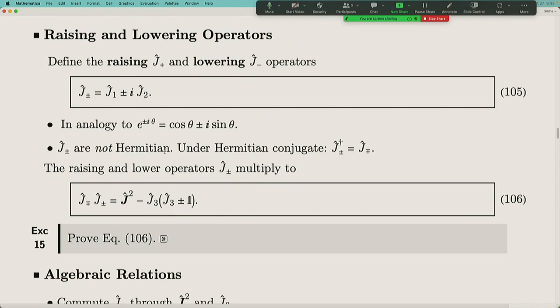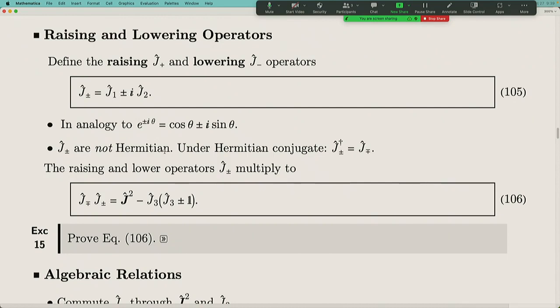Just like the creation and annihilation operators, which were previously made of x and p, x plus ip or x minus ip, in this case we can use J1 and J2, J_plus/minus = J1 plus or minus iJ2, to define the raising and lowering operators. The symbol plus or minus simply denotes whether you put a plus sign or minus sign when you combine J1 and iJ2.